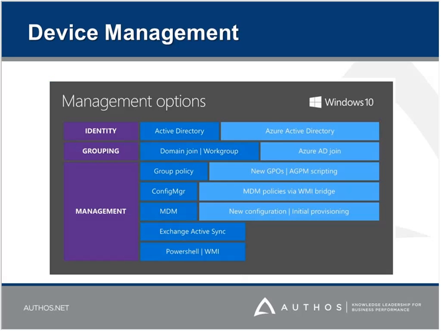So it doesn't matter if you're utilizing Microsoft's mobile device management, whether you're utilizing Intune or the Enterprise Mobility Suite. If you have another mobile device management service that you're utilizing, you can continue to utilize that, and then those policies will just be applied to your organization through that WMI bridge.